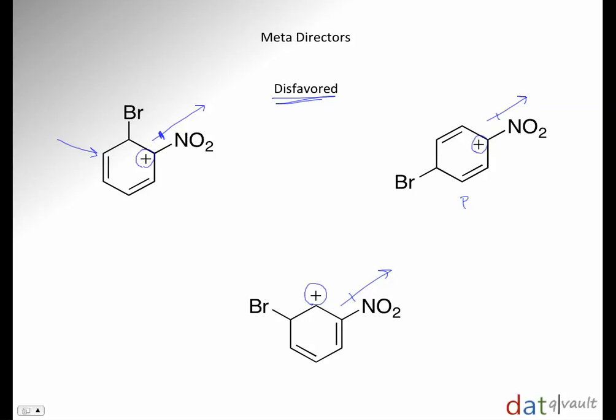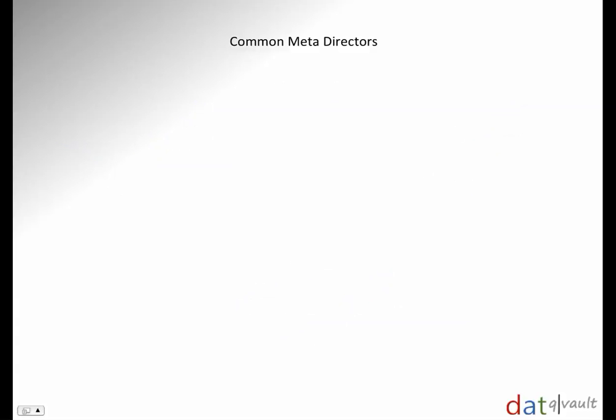So even though the structure is more favored versus these two structures, this nitro group is still deactivating this compound, and it's still going to be less reactive than a regular benzene molecule would be. But if this nitrobenzene were to undergo electrophilic aromatic substitution, because of this effect that we talked about here, it's going to substitute in the meta position and not the ortho and para positions.